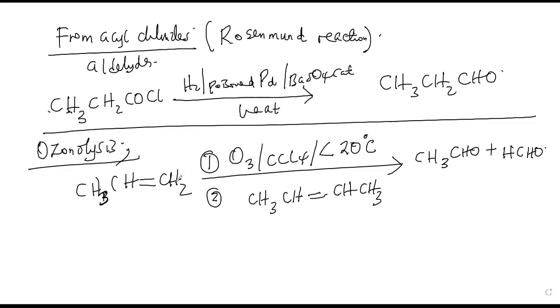Then the final method of preparation I'm ending with is hydration of alkynes. This mechanism is always examined, but next time we shall go through these mechanisms of the reactions.